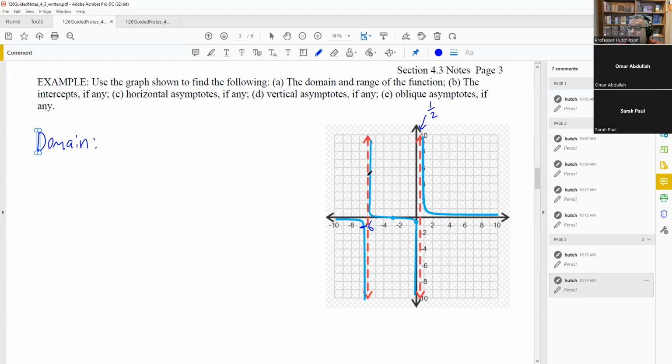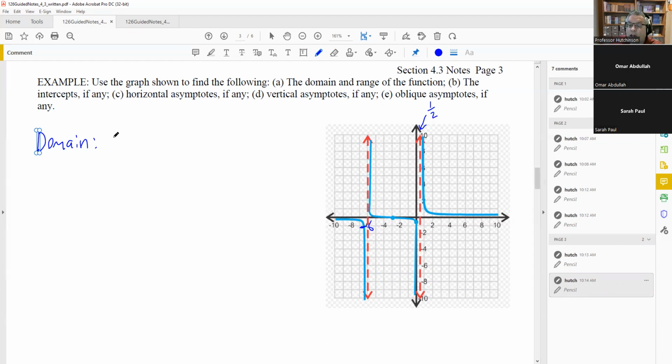Now for rational functions, it's anything that's not dotted lines will be part of your domain. But at the dotted lines, the graph is undefined. Wherever you see a vertical asymptote, at that x value, it's not included in your domain. So when you do this, we have to basically include all numbers except for -6 and 1/2.